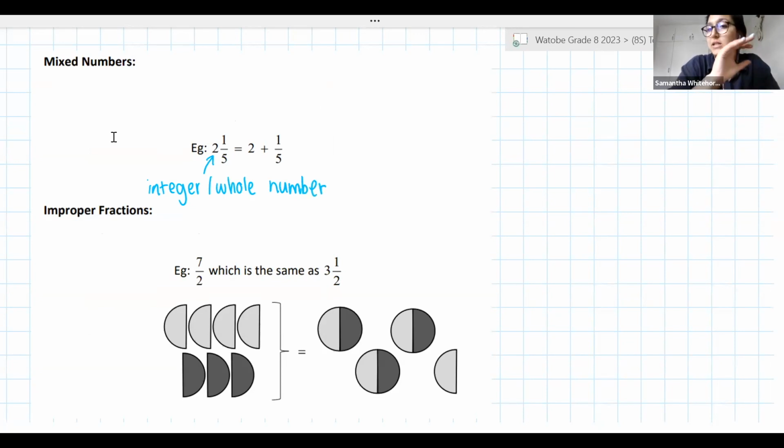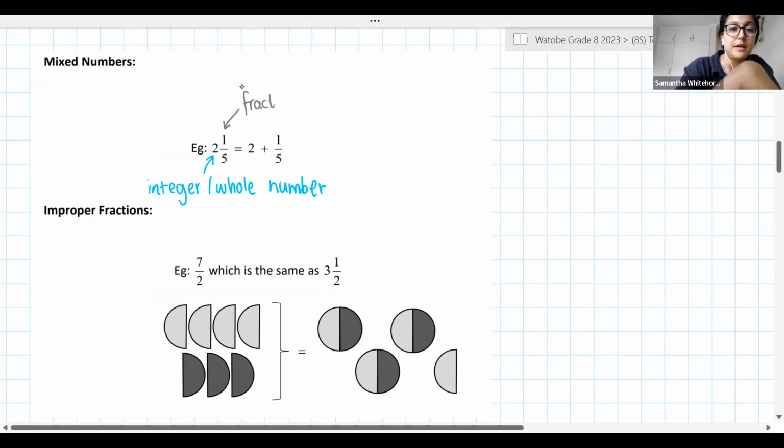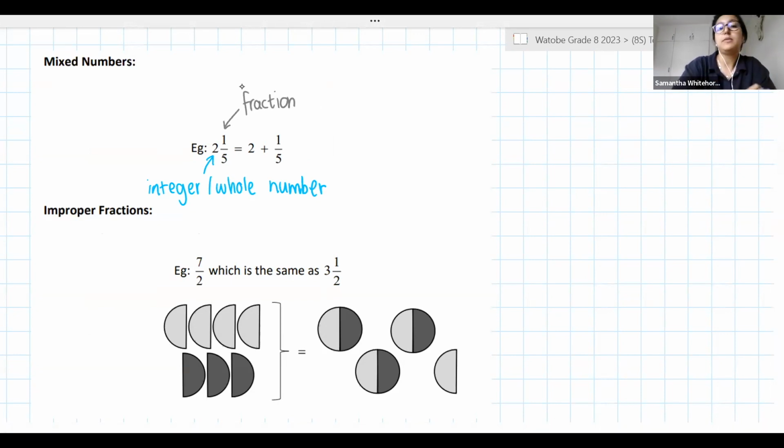Basically, there's a whole number as the first part of my mixed number. The second part is then the fraction portion. Working with a mixed number allows me to represent more than one whole, or 2 wholes, etc., and then parts of another.